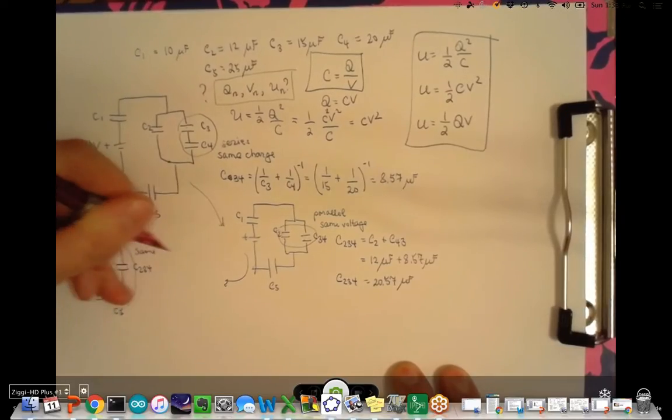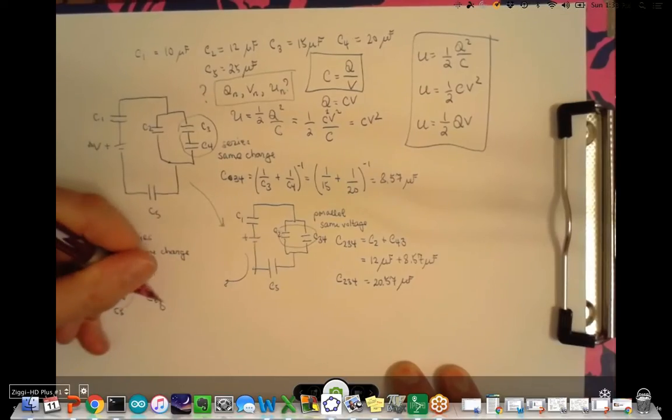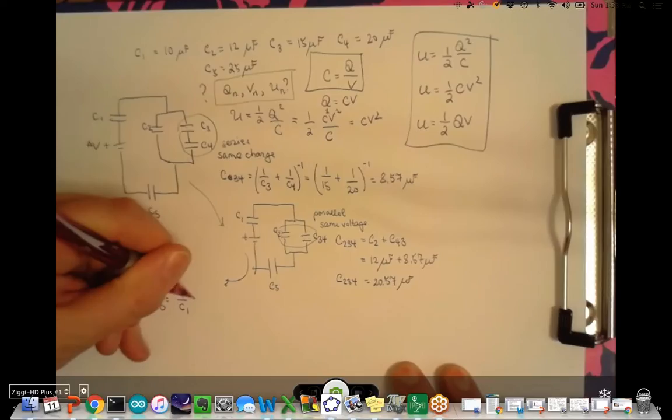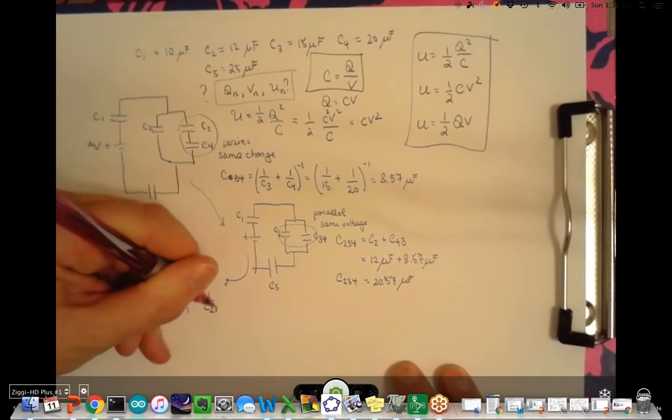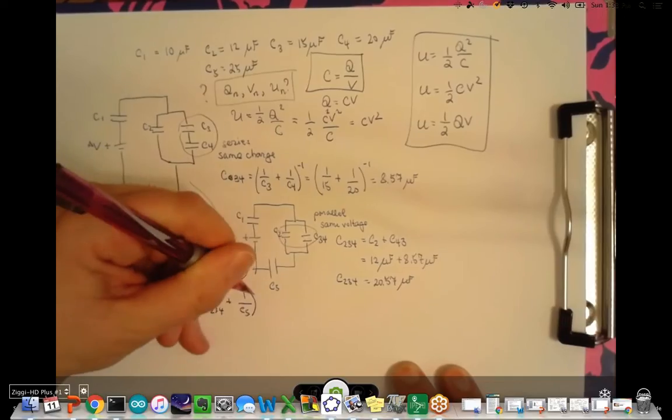Same charge. Okay, so our equivalent capacitance is going to be 1 over C1 plus 1 over C234 plus 1 over C5, to the minus 1.